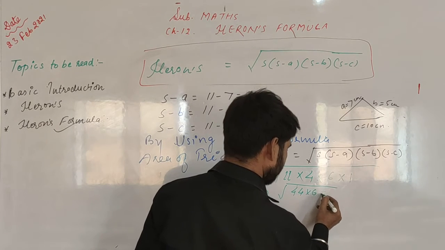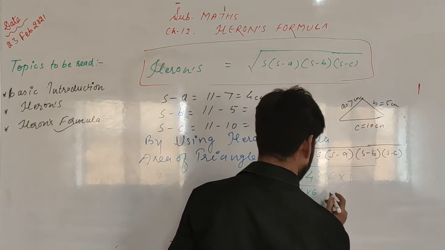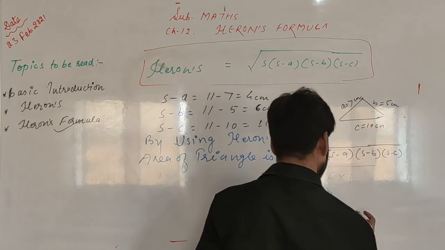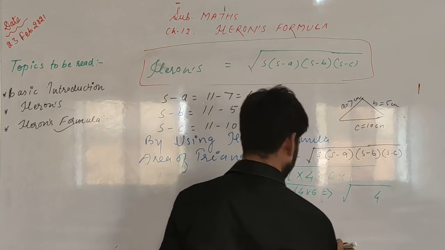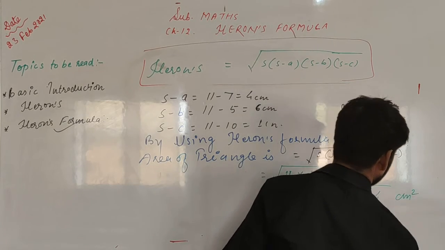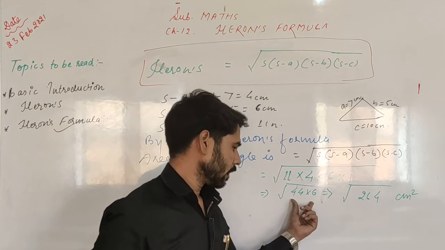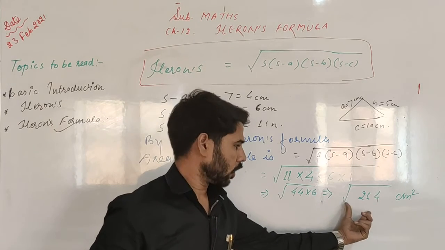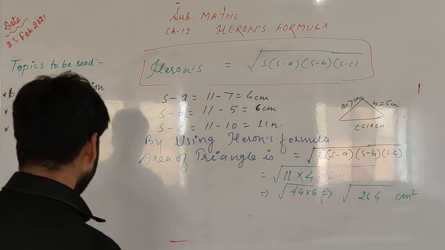11 times 4 times 6 times 1 equals 264. So here is the value of this. We can also find out the square root of this value by using the factorization method.